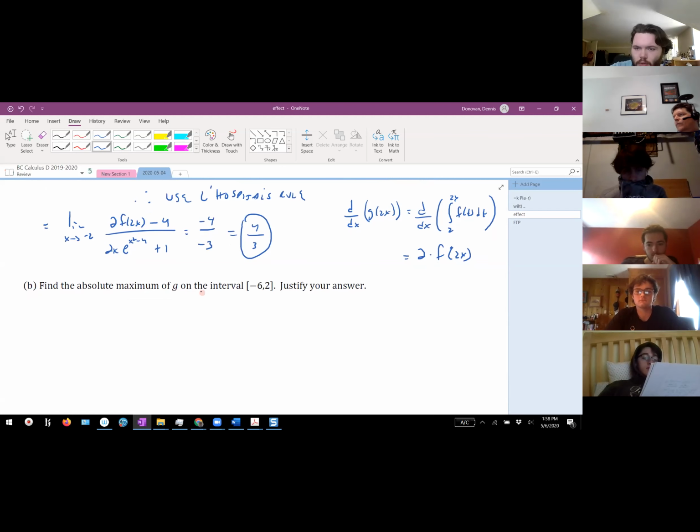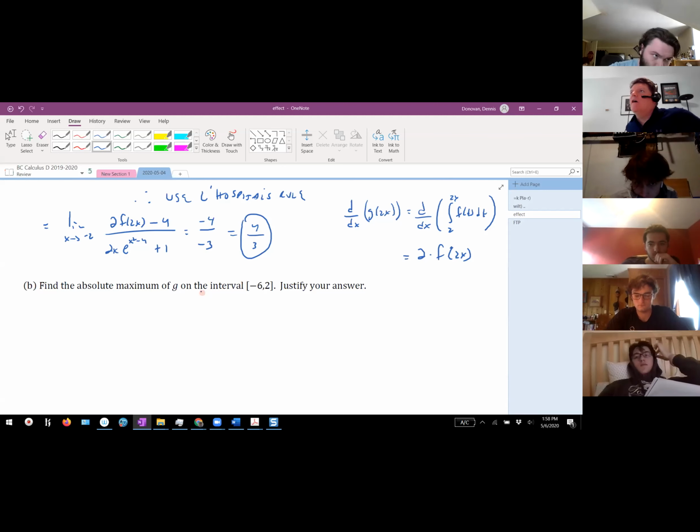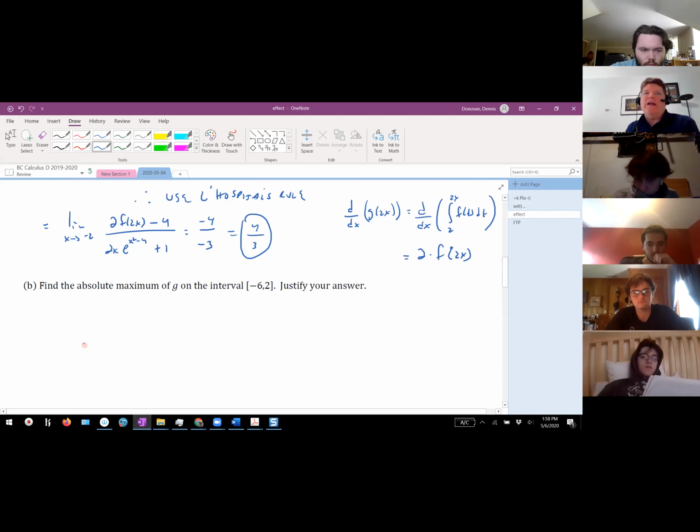Find the critical points. How do I find the critical points? Find where g prime equals 0. So I've got to find when g prime equals 0.